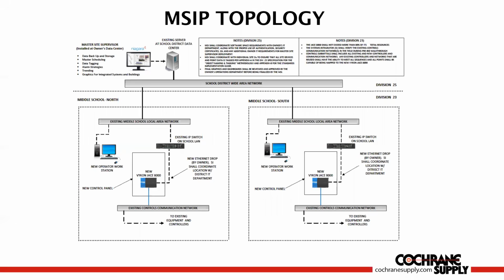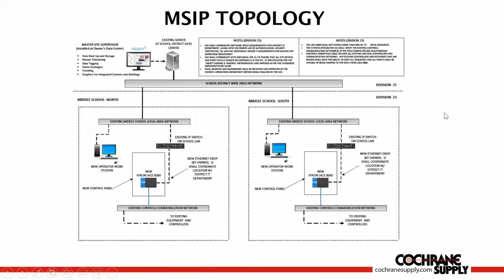So here, the master systems integrator was hired to do all the work at the top of this dotted line, right below the school district wide area network. That was put in Division 25. Then in Division 23, your typical Division 23 09 00, your controls contractor or systems integrator would bid those projects out individually in their own bid packs.